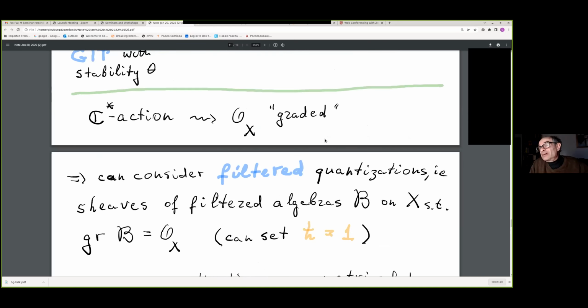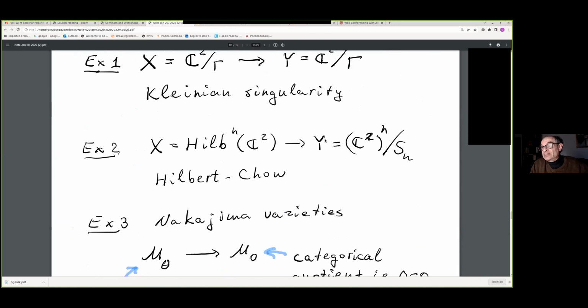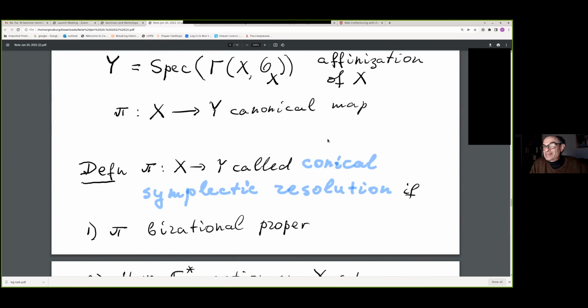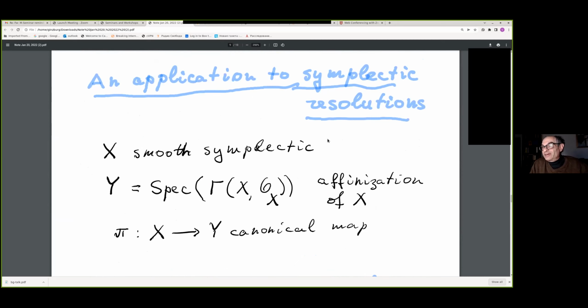This conical symplectic resolution has a natural compactification. Basically, it's the same way as how you compactify a vector space. The C-star action allows you to define the notion of a projective space, Pn. So you compactify Cn to Pn, adding the divisor. There's a very nice smooth divisor at infinity.